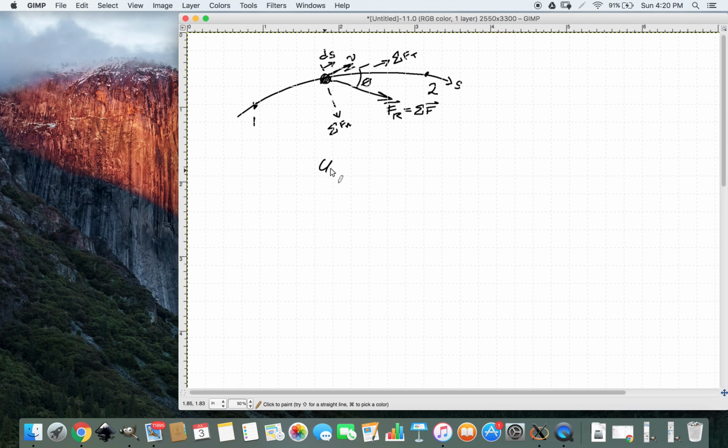So as we've seen before, the work as I'm moving along from 1 to 2 is given by a summation of a whole bunch of these little instants, where at each instant I'm looking at, as I move from one little position to some other position, the inner product of f dot dr. Now this dot product basically guarantees that it's only this tangential piece that we care about. That is, as I've said before, what we care about is the alignment of force and displacement.